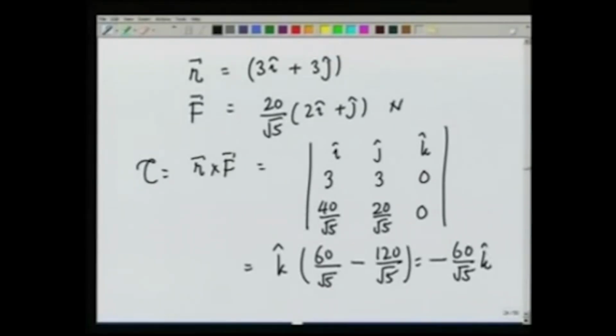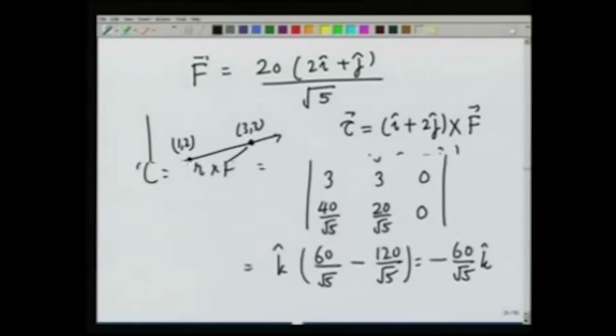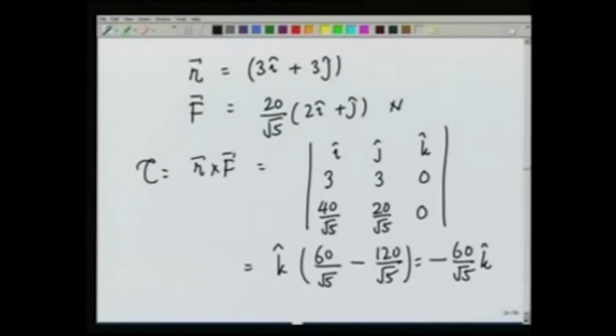Okay. The direction seems to be opposite. I must have made a mistake in the previous part. Let us check that. And yes, indeed there is a mistake. This should be minus, this should be plus. So, in the previous part also the answer was minus 60 over root 5 k, and in this part also the answer we get is minus 60 over root 5 k.